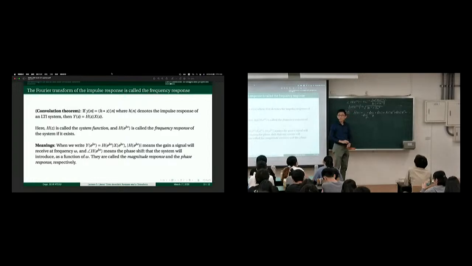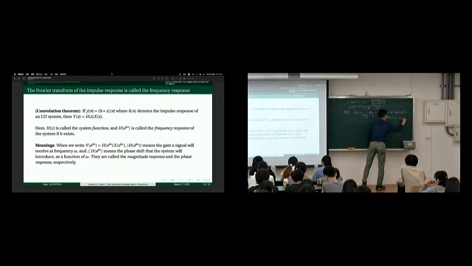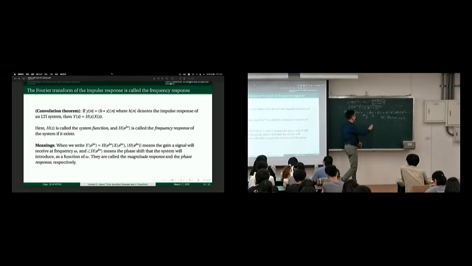But if H of n is all 0 before time 0, or in other words, if the system is causal, let's consider that special case. If the system is causal, then we can erase those terms. So H is going to start from here.